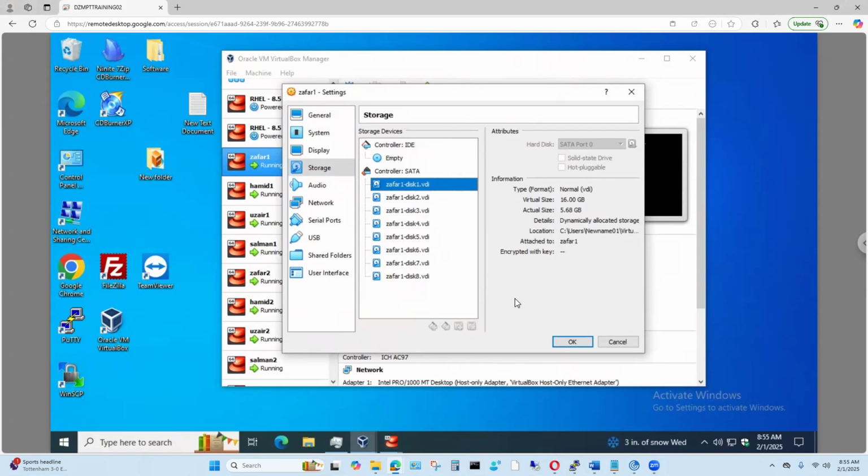The virtual size is this and the actual size is this, meaning this is what is actually being used. This is an OS disk, where the operating system is installed. The size is 16, but I'm using 5.6 gig right now.